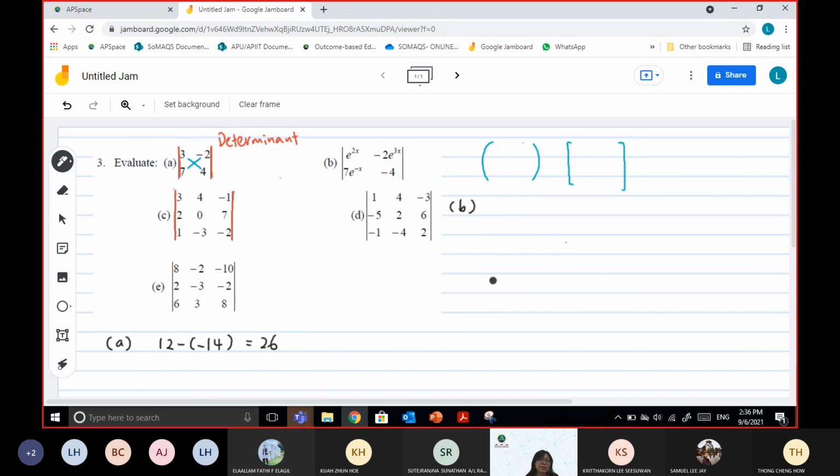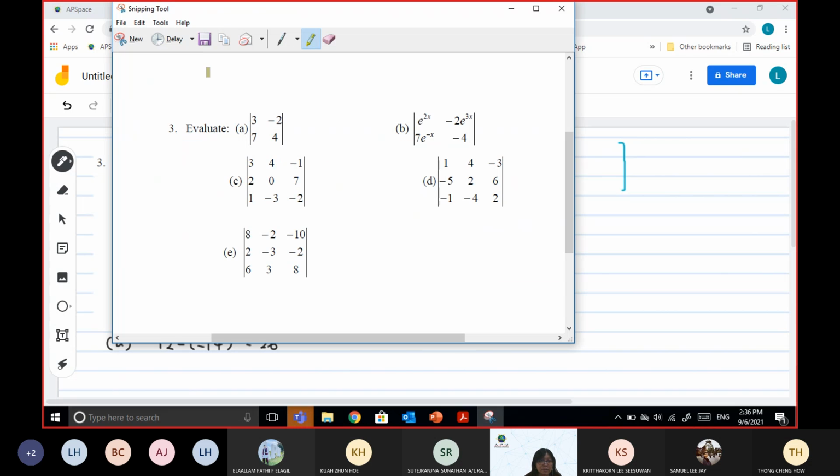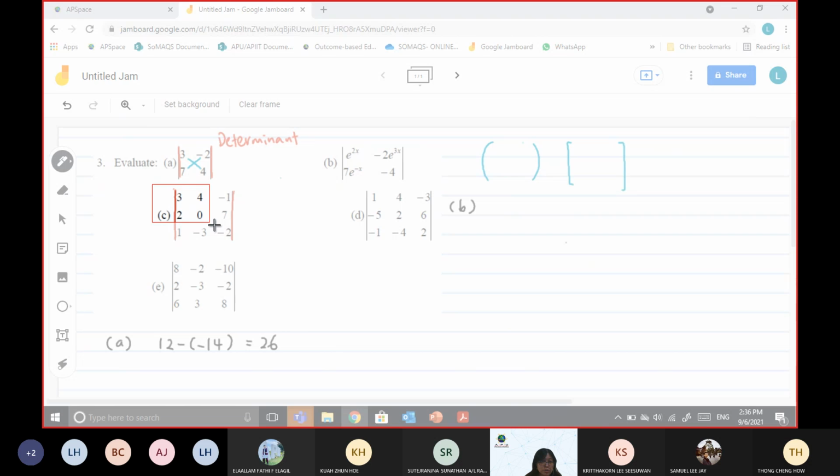Later we'll proceed to C. You can see for C, D, E, the calculation for the determinant will be more, since it is a 3 by 3 determinant.